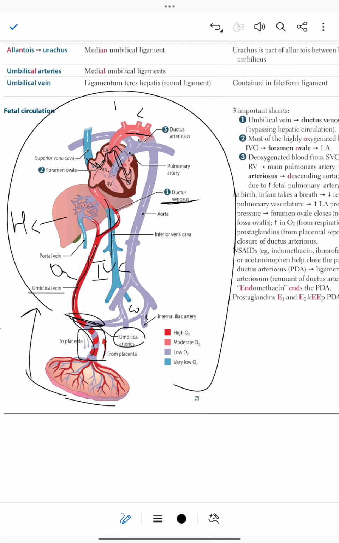Second is left common carotid artery. Next is left subclavian artery. Then the blood goes to the peripheral organs and others.